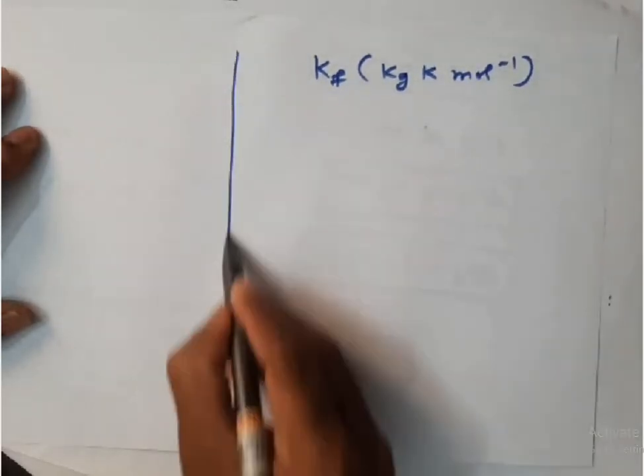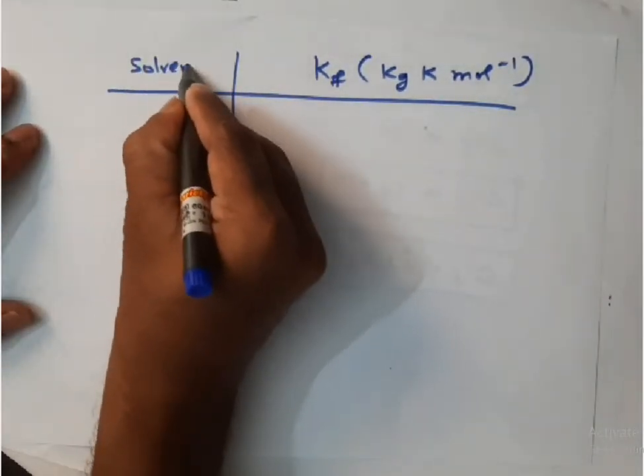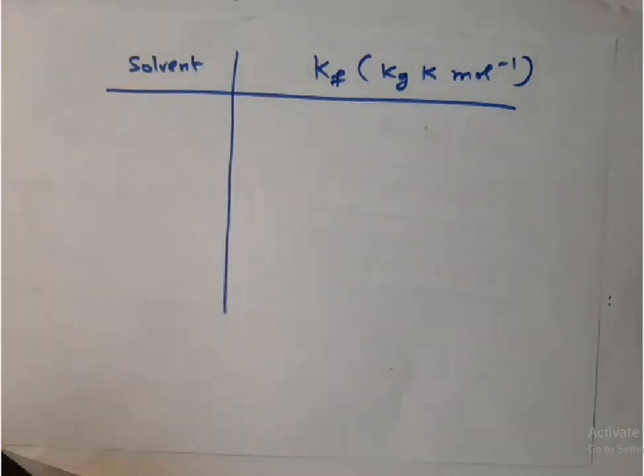Okay, now I'll give Kf values for different solvents. Kf is a constant for a given solvent. Now I will give you the Kf values for some solvents which are frequently used. Okay, take note.